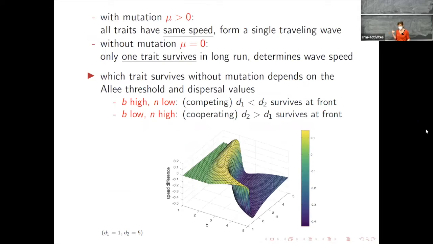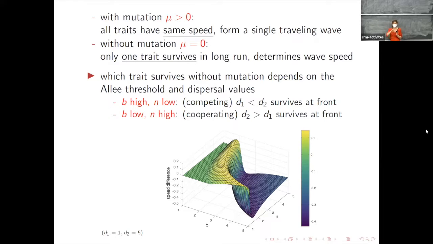And so the kind of maybe intuitively clear thing that happens is that if you have a mutation, that means at any point anybody can change to one of the other traits. All the traits will have the same speed. So you see these waves of all the different trait types propagating at the same speed. So they essentially form a single traveling wave.